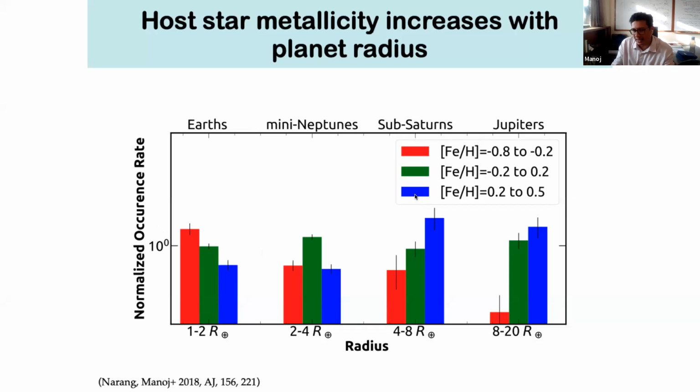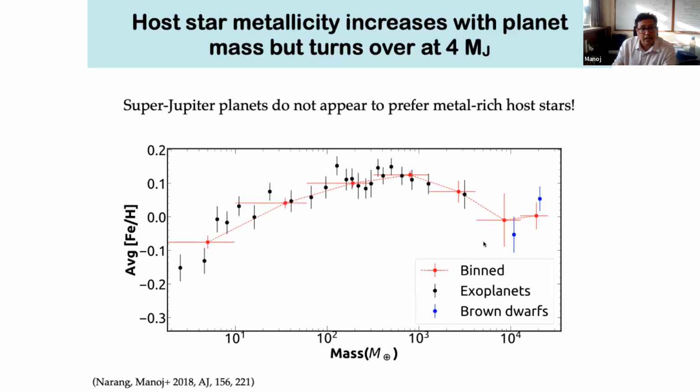Green is solar metallicity, and blue is supersolar metallicity, or iron content greater than that of the Sun. What you notice is that when you go to giant planets, the larger and more massive planets, they are preferentially found around host stars which have supersolar metallicity. When you go to smaller planets, it doesn't really matter. There's no clear trend. But clearly, giant planets require high metallicity stars, it looks like.